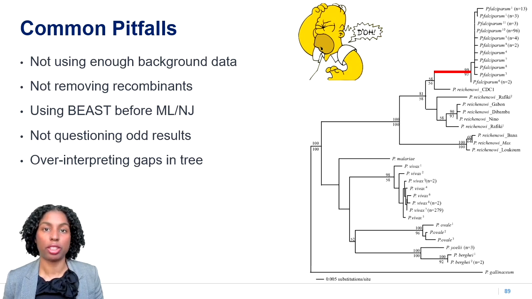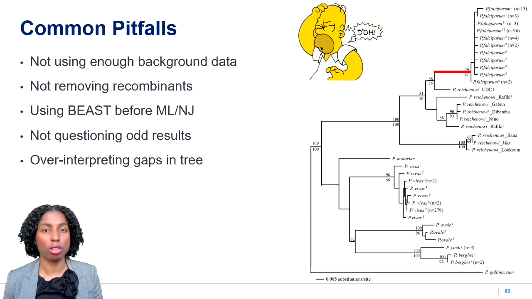We also covered the importance of removing recombinants, as these can severely bias the tree topology and parameter estimates. Additionally, always use simpler, less complex methods such as neighbor joining or maximum likelihood to build trees and have an overall understanding of the evolutionary patterns of your data before doing more complex and time-consuming analysis with BEAST.